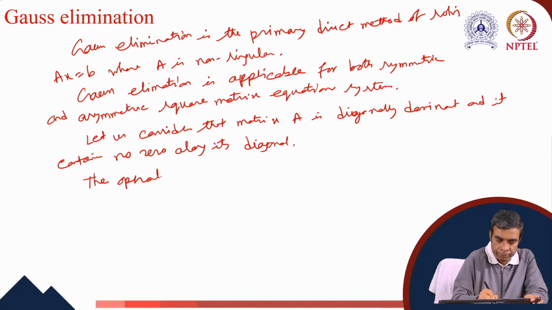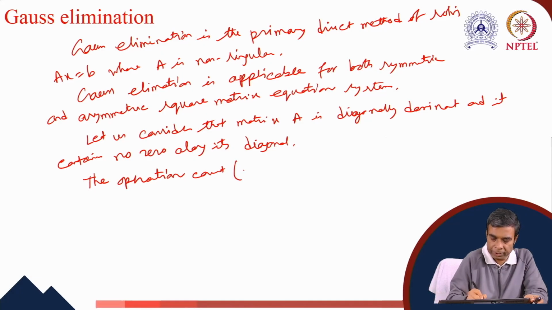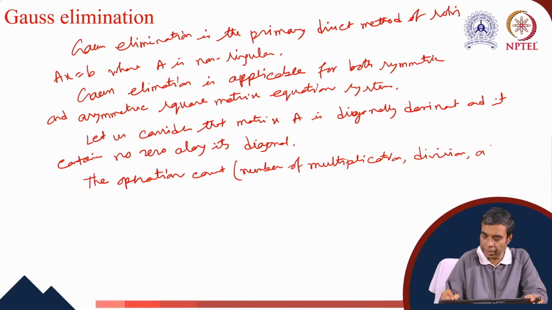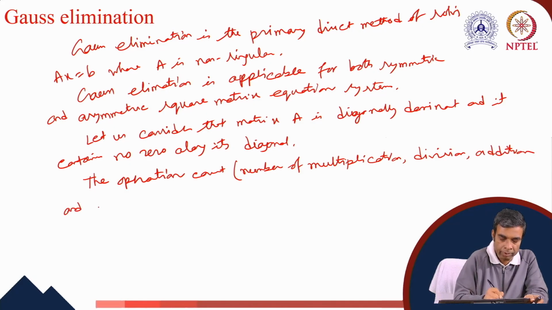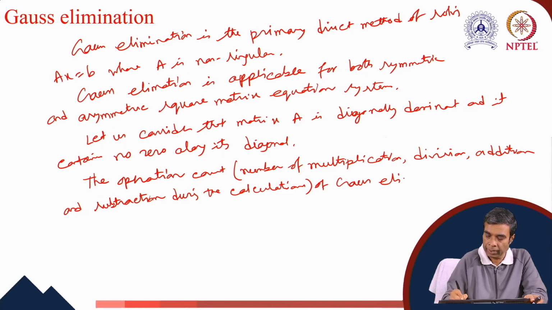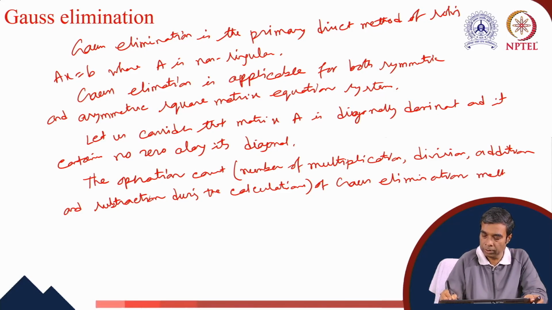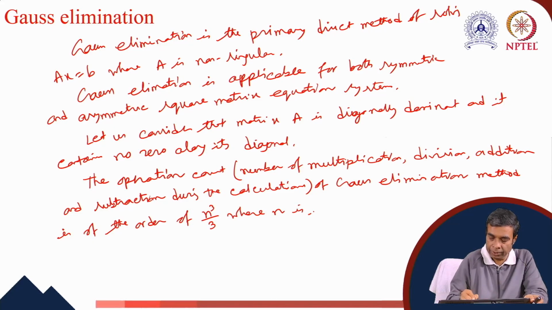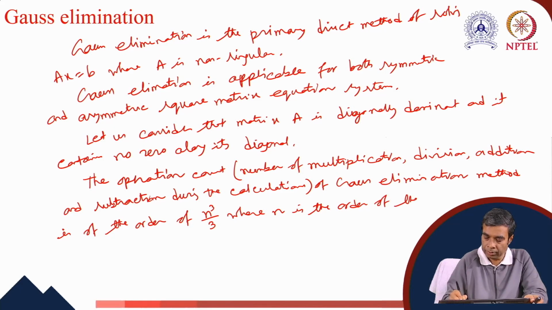The operation count gives roughly the number of multiplication, division, addition, and subtraction during the calculations of Gauss elimination method, and is of the order of n cube by 3, where n is the order of the square matrix.